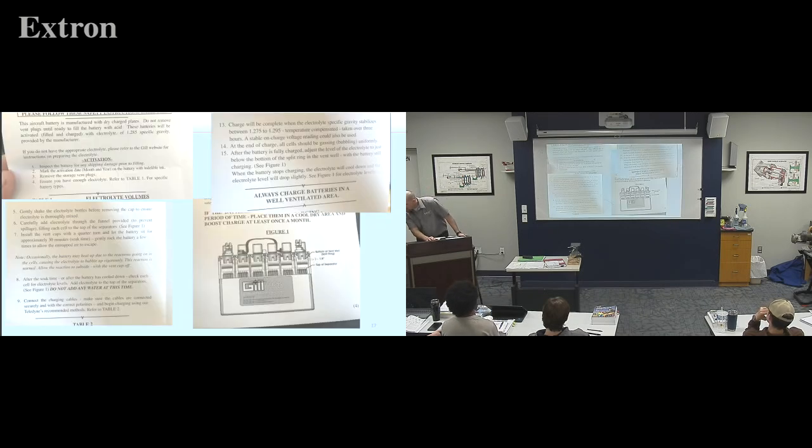There's the initial charging instructions. I threw this photo up here. It tries to give you kind of a cutaway, and it shows the filler caps, and then it also shows the top of the cells, or what they'd call the separator. So on the instructions, it's saying you shake up the electrolyte bottles, add electrolyte. And remember, this is the first charge, so we're adding the electrolyte.